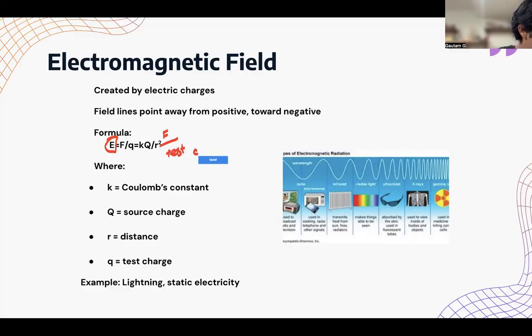It's just Coulomb's constant times the source charge over the distance between the two charges. This is the complicated stuff from last time, but you don't need to worry about knowing any of this. This is just fun facts, right?